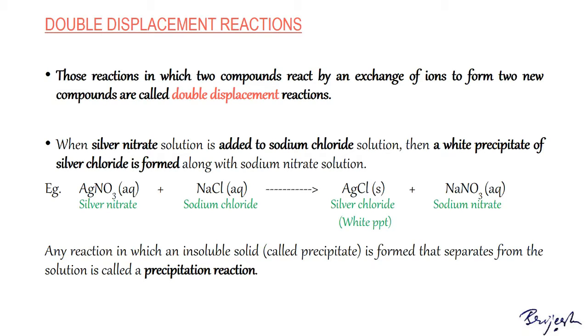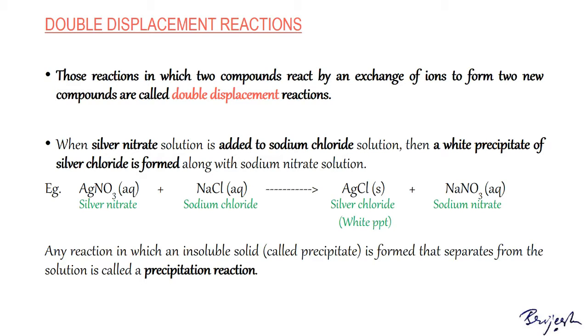For example, the silver ion Ag+ of silver nitrate reacts with chloride ions Cl- of sodium chloride to form a new compound, silver chloride, Ag+Cl- or AgCl.